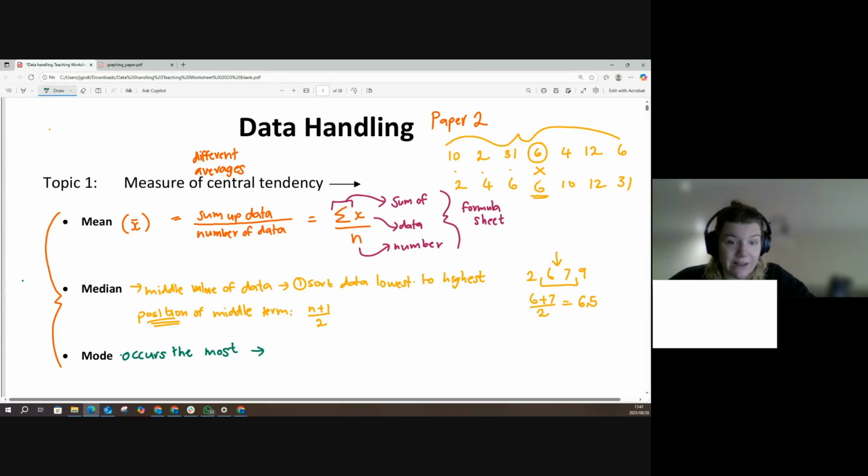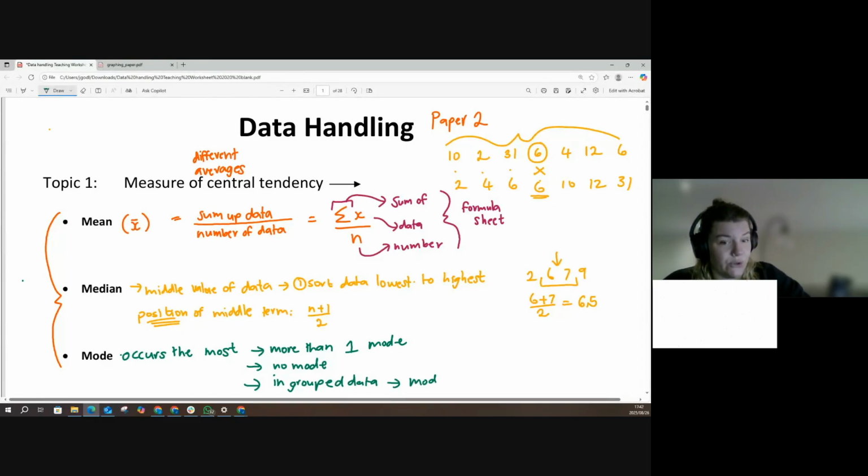The one is we can have more than one mode. We can also have no mode. And in grouped data, which we're going to look at just now, we have something which is called the modal class.